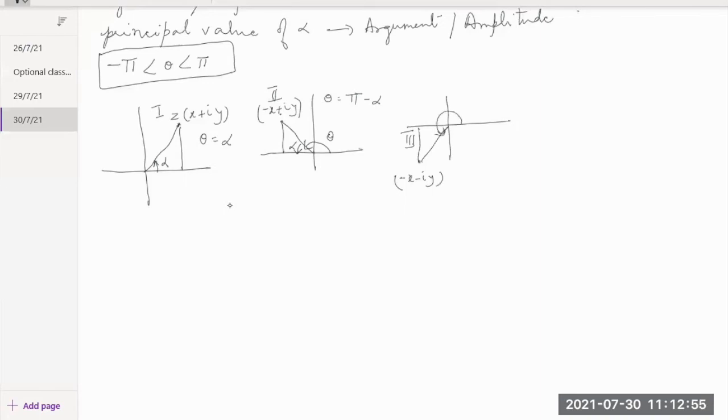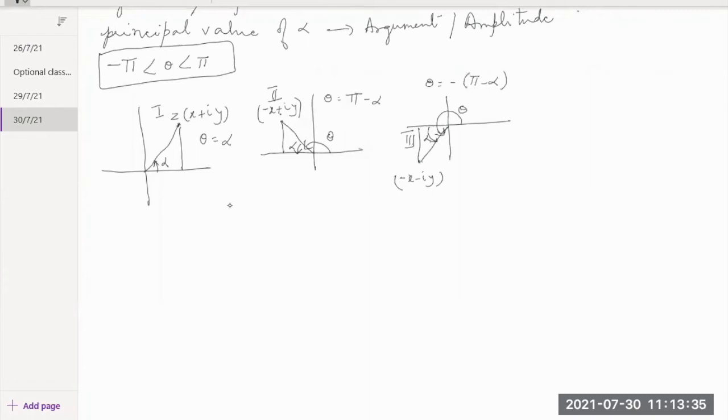This is your theta. But what is your alpha now? Alpha is this. So now the relation between theta and alpha will be theta equals minus of pi minus alpha, because it is in the negative direction. So when your complex number lies in the third quadrant, you relate theta and alpha by minus of pi minus alpha.